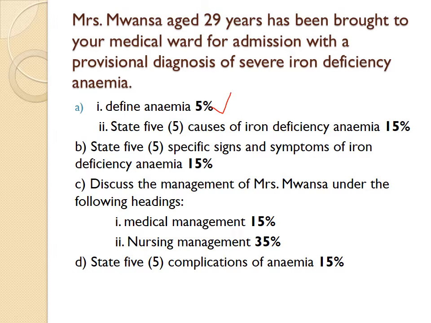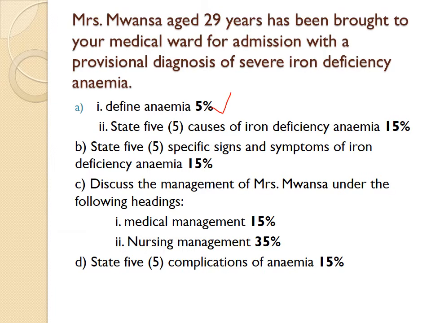So a person with anemia, you find that they have fewer circulating red blood cells that are far away from normal, and most of the time they don't have enough hemoglobin in the blood. A person is said to have anemia when the hemoglobin concentration is below 13.5 grams per deciliter in an adult male and 11.5 grams per deciliter in females.